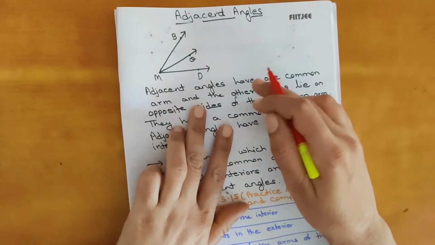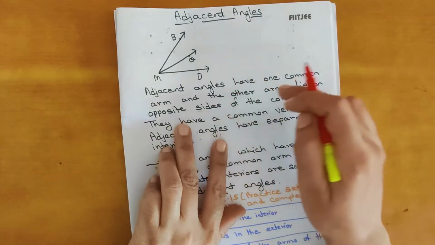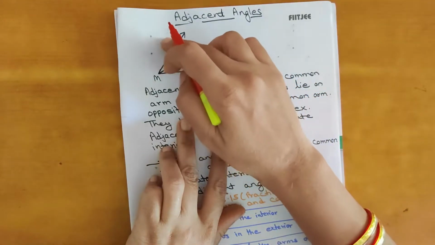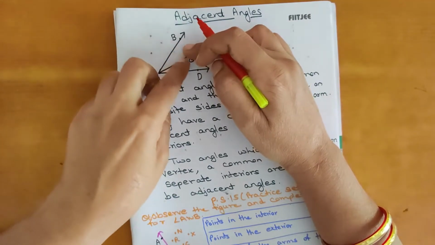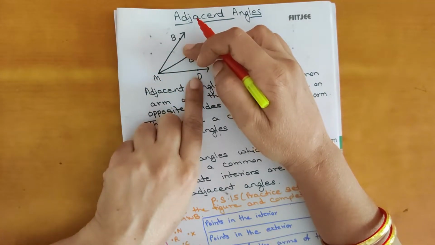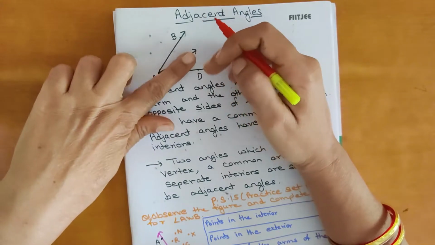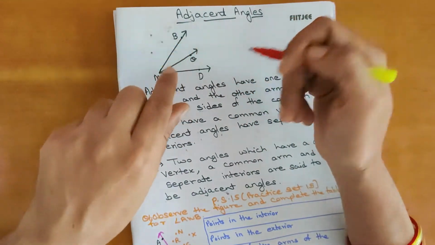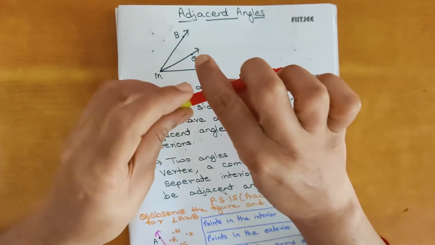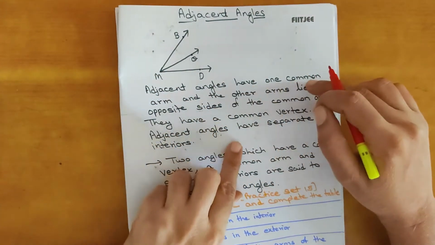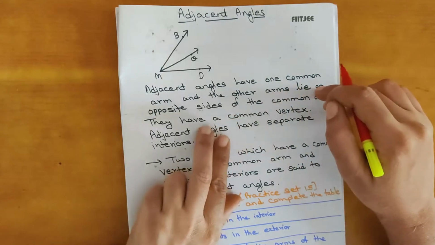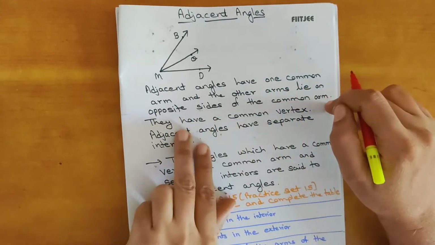Okay, so adjacent angles have one common arm and the other arms lie opposite. If this is common, see this is lying upward and this is lying downwards. Or you can say left hand side or right, opposite. If left then right, if up then down. So adjacent angles have one common arm and the other arms lie on opposite sides of the common arm.